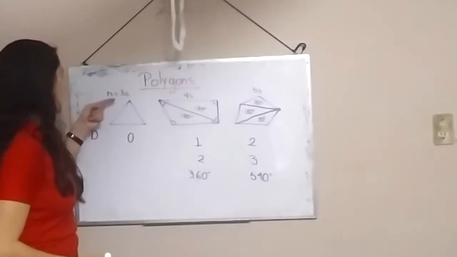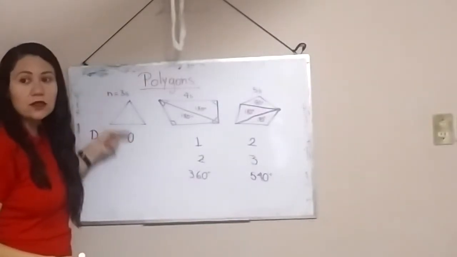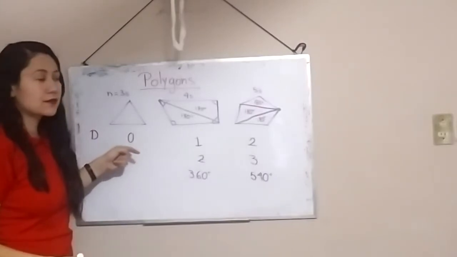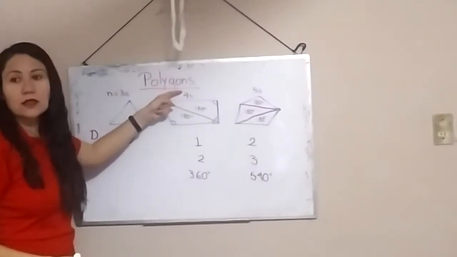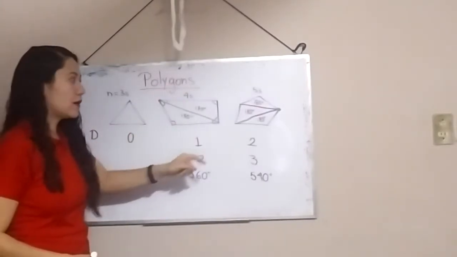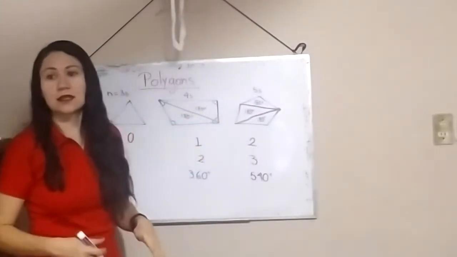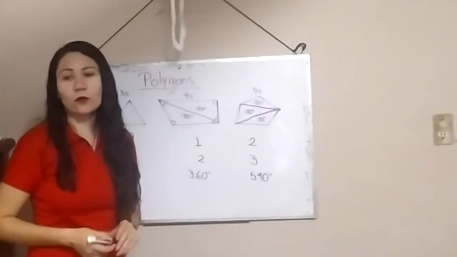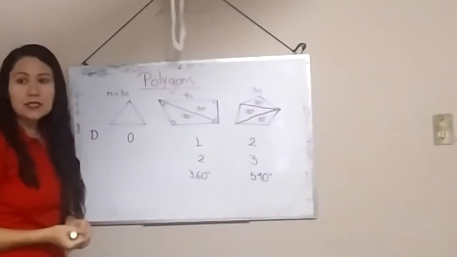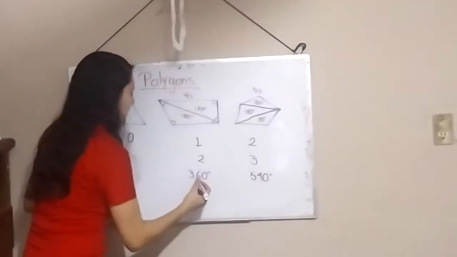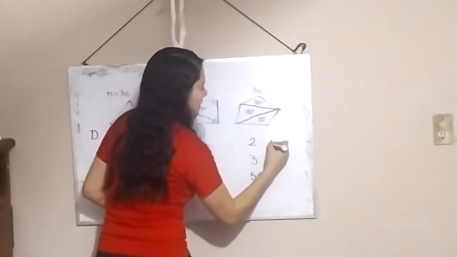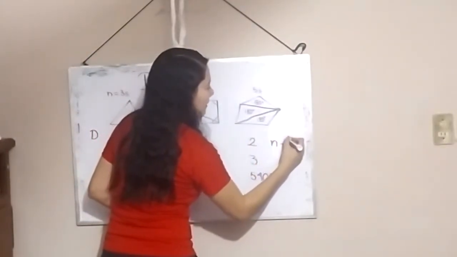Now, we have 3 sides on the triangle, 0 diagonals. 4 sides on the quadrilateral, 1 diagonal. 5 sides on the pentagon, 2 diagonals. What is the pattern we are following here? The number of diagonals equals the number of sides minus 3.